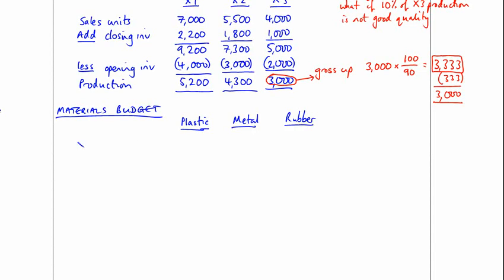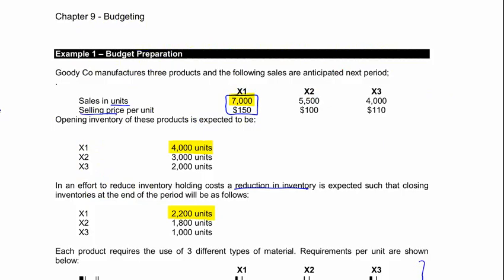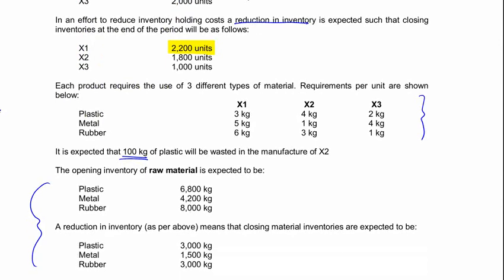And take the three products you're making, product X1, product X2, and product X3. We now know how many units we're going to be producing. We're going to be producing 5,200 X1s, 4,300 X2s, and 3,000 X3s. And we're told in the question how much material each one of those uses. So an X1 uses 3 kilograms of plastic, 5 kilograms of metal, 6 kilograms of rubber.